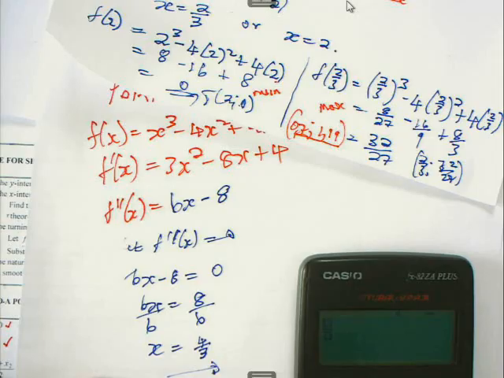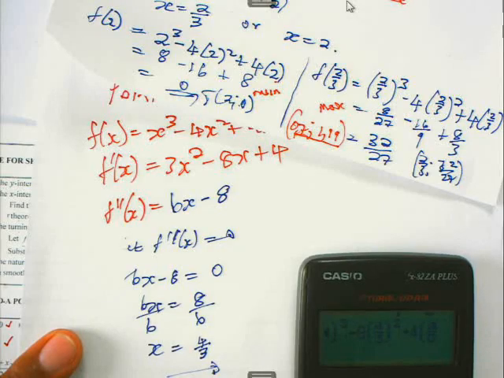Then we are going to have brackets, 4 divided by 3 to the exponent of 3 minus 8, bracket 4 divided by 3 squared, and then plus 4, and then 4 divided by 3.